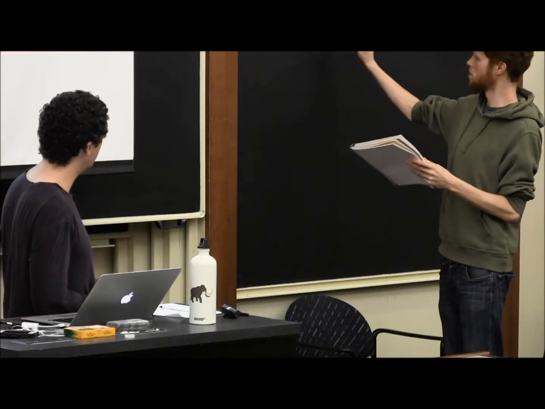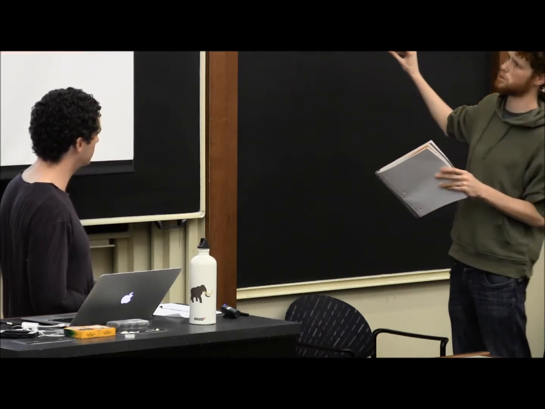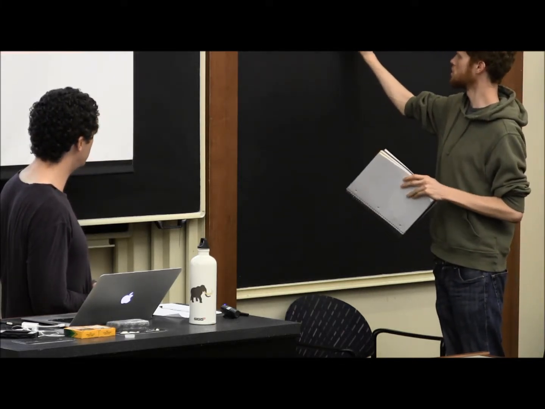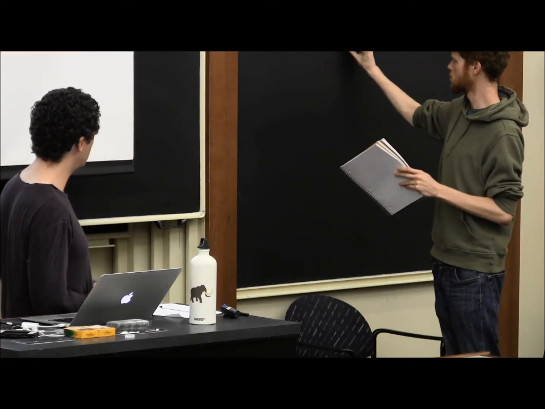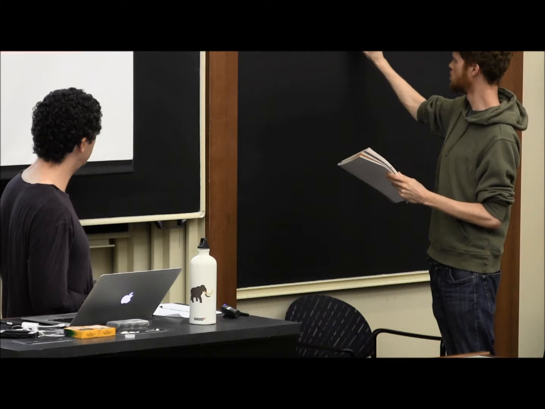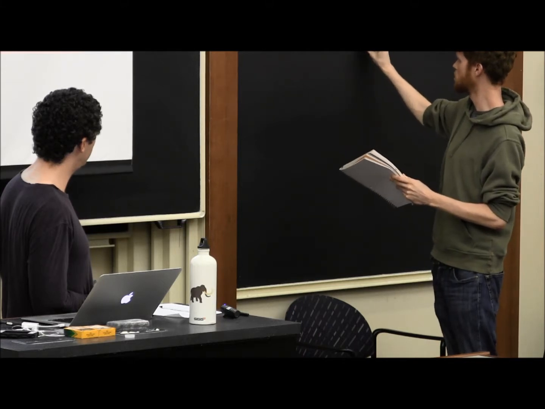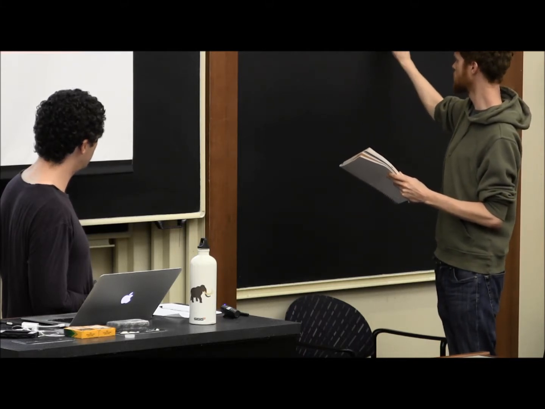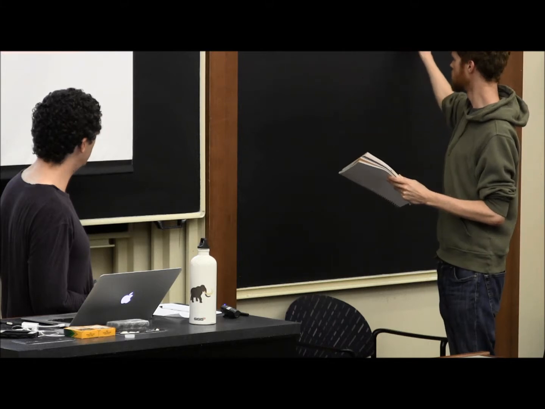Just differentiating both sides with respect to x. So then it's delta q delta x plus delta q delta p times delta p delta x equals 0. Yes. Good.